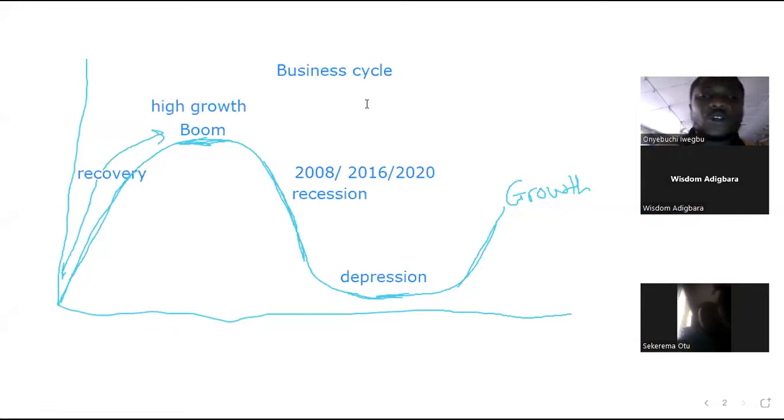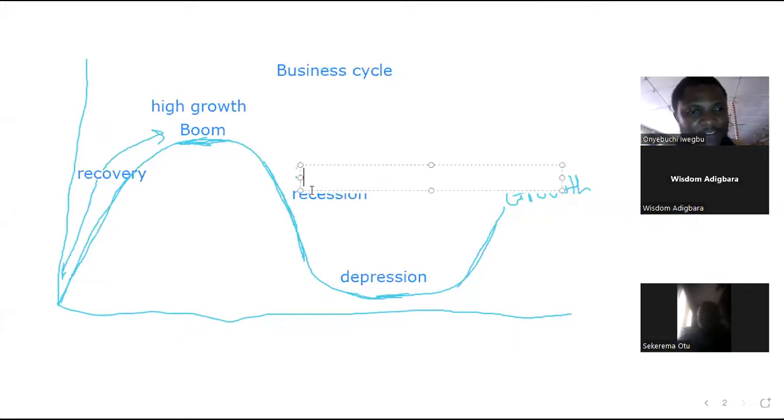Recession is when we experience a negative growth rate for two consecutive quarters. That's recession. So for those periods, this is 2009, sorry. That first one is 2009.